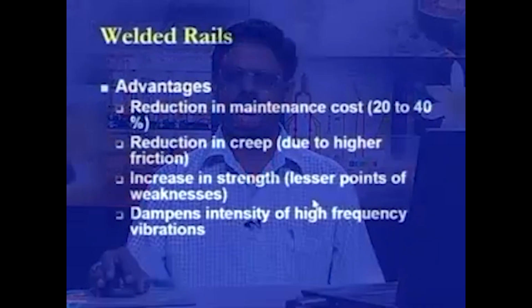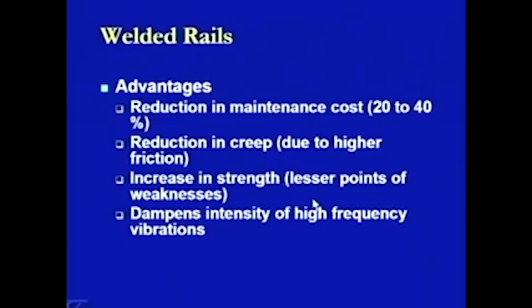And then it also dampens the intensity of high frequency vibrations, because as we have seen, the points are not there where there will be some impact taking place. So, as this is being welded together, that is going to dampen the vibration.